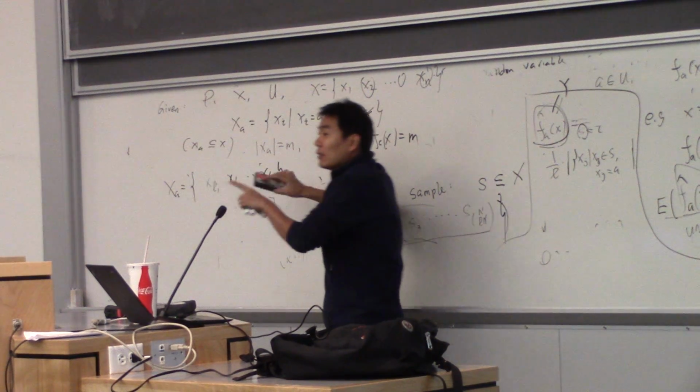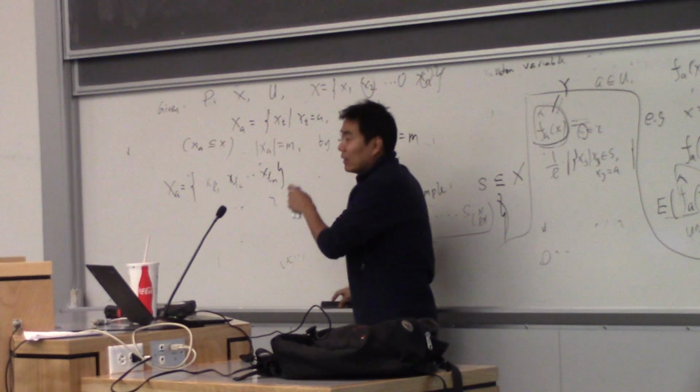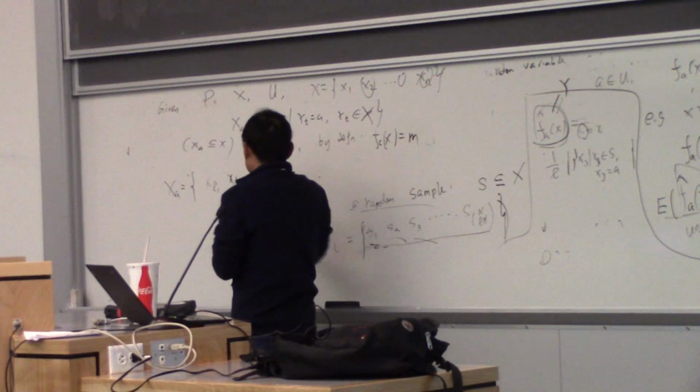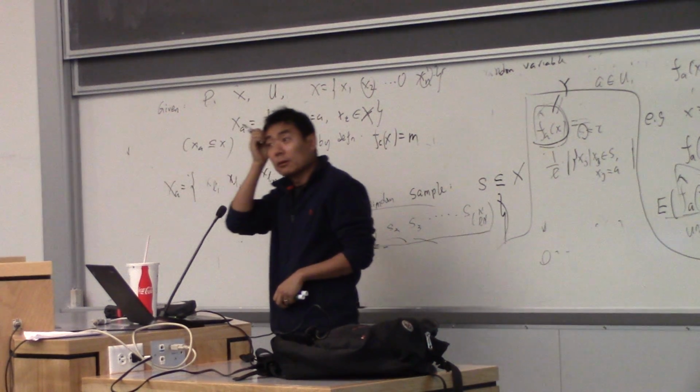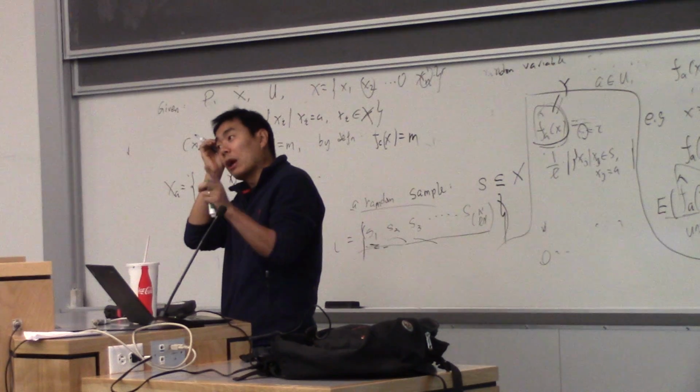Okay, once you understand, this is the most important part. Once you understand this, what I will do next is I define what I call an indicator variable. An indicator variable is either 1 or 0.